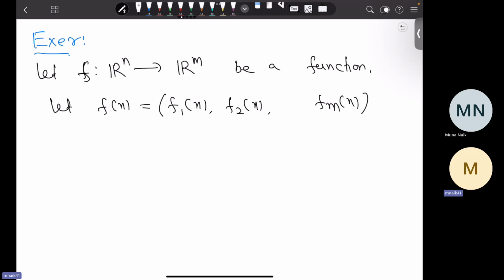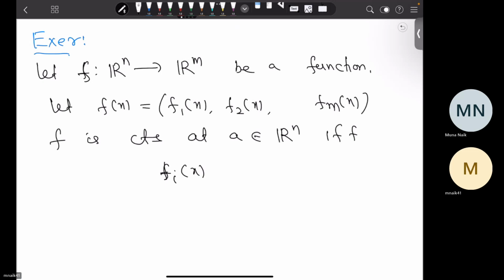The exercise is: f is continuous at a belonging to R^n if and only if each fi, for 1 ≤ i ≤ m, is continuous at a.